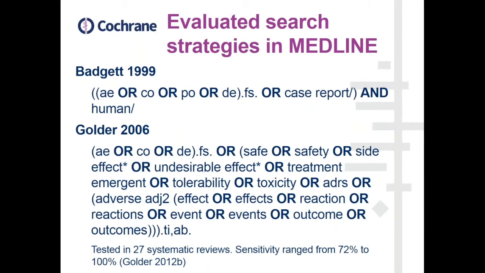I've already mentioned search filters, sometimes called hedges, and these are useful, but I wouldn't use them blindly. As I say, they're very old now, and there are others out there. For example, I think BMJ Clinical Evidence have one, and CADTH have one, but they're mostly created not with the brilliant methodology that's used, for example, in creating the RCT filter for Cochrane.